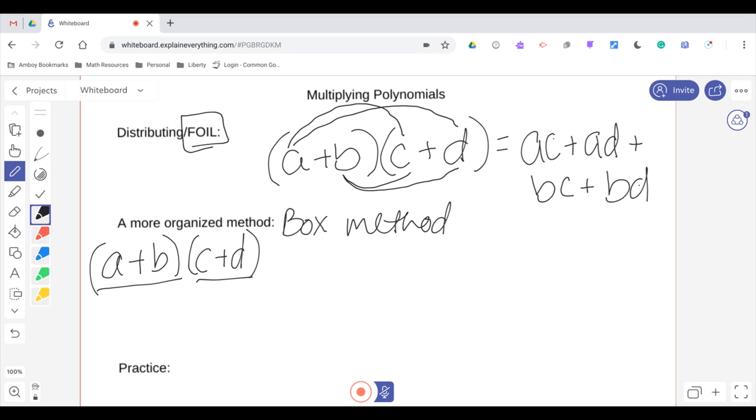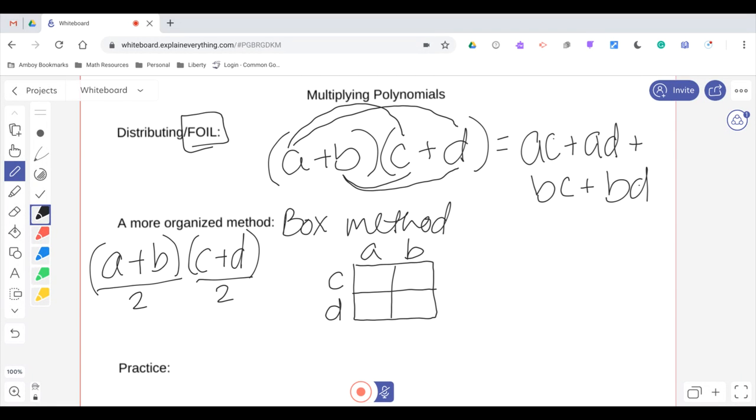I need a 2 by 2 box because this is a binomial times another binomial. I'm going to put one binomial at the top with A and a positive B, and one on the side with C and a positive D. This is kind of like a Punnett square like you would have learned about in biology, where I'm just going to multiply together.